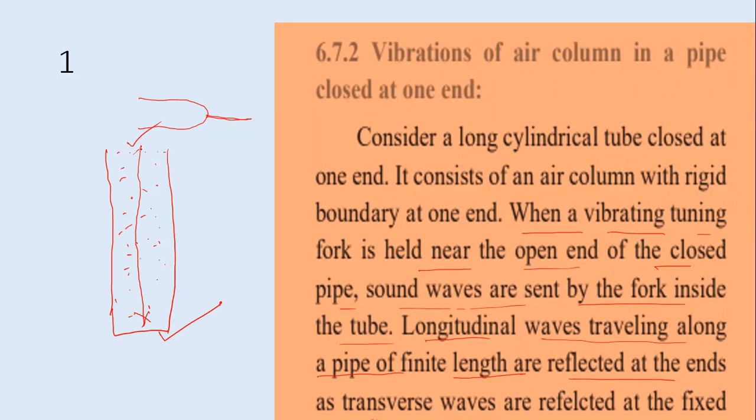Sound waves which are traveling along this air column are longitudinal waves, and reflection of these longitudinal waves is similar to the reflection of transverse waves from fixed ends of a rigid support, like this.